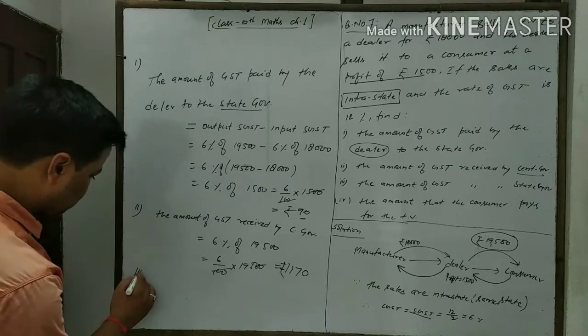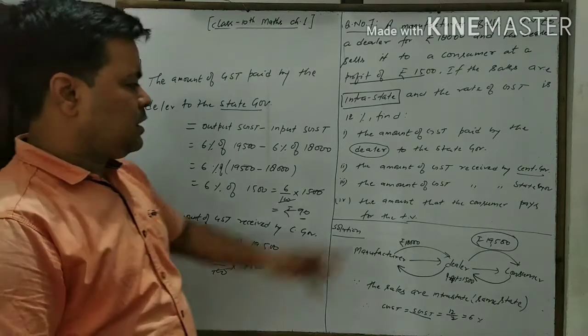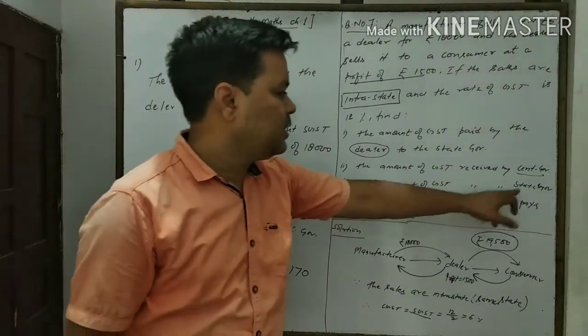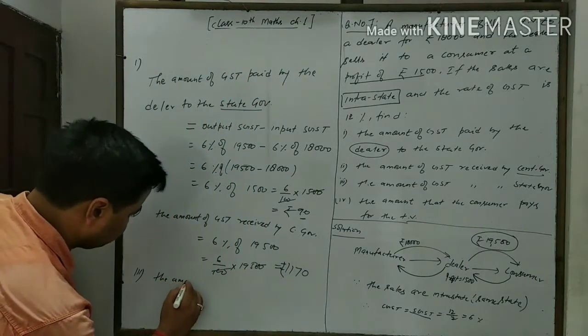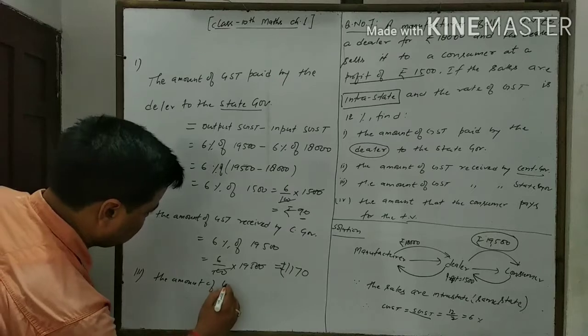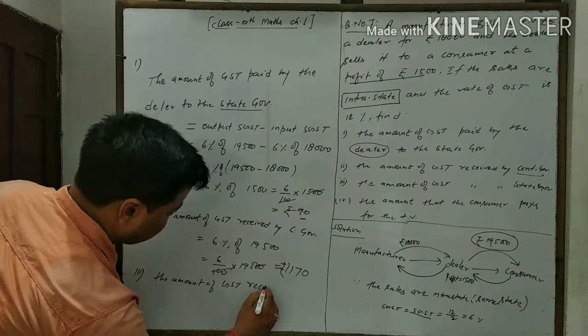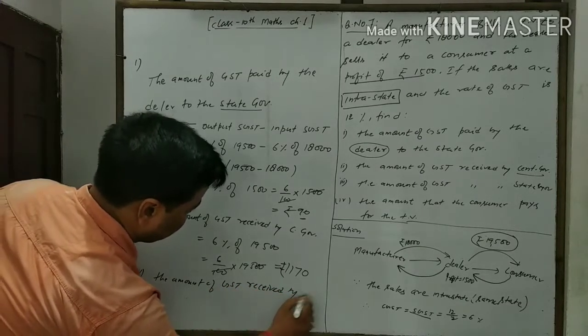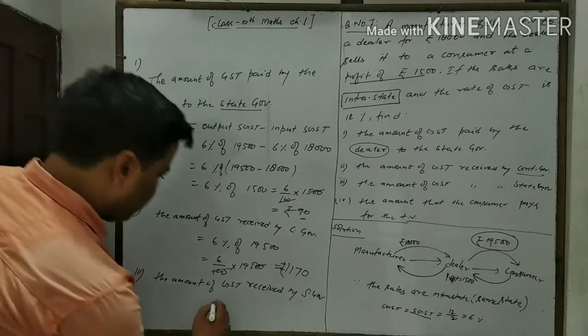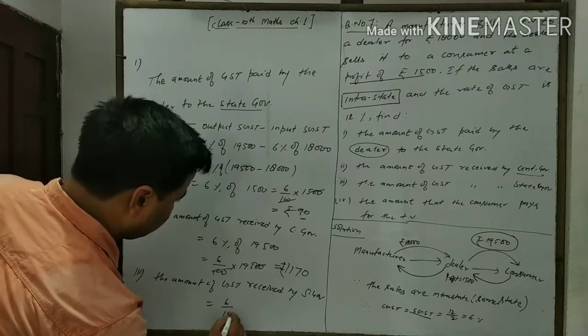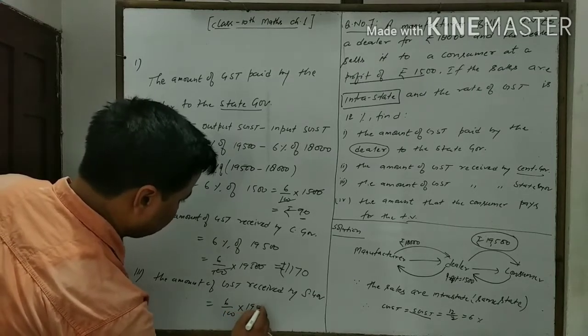Similarly, the third question is the amount of GST received by the state government. That will be 6 by 100 into 19,500.